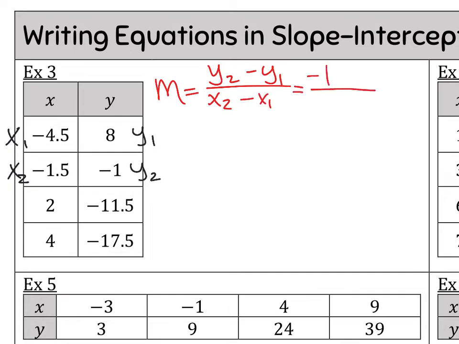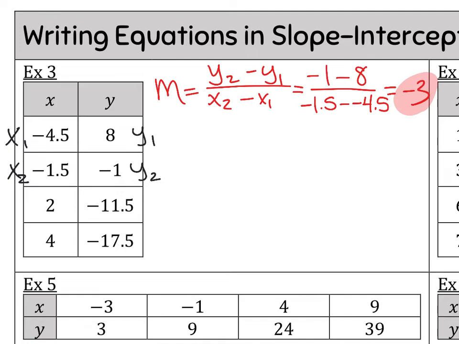This would be -1 minus 8 over -1.5 minus -4.5. Can someone throw that into their Desmos for me? Thank you. We should get -3. That's now my slope. -3/1. Yeah, that's the same thing.